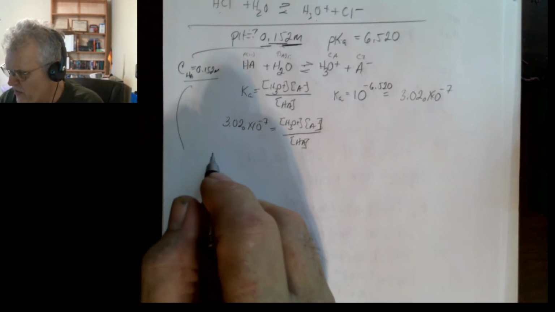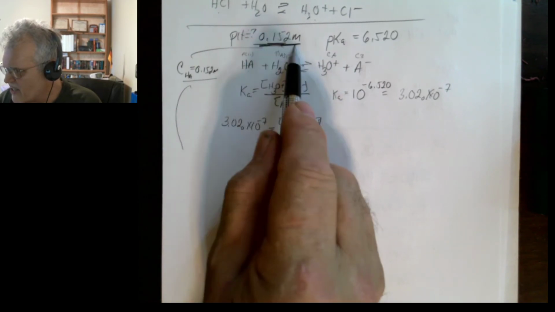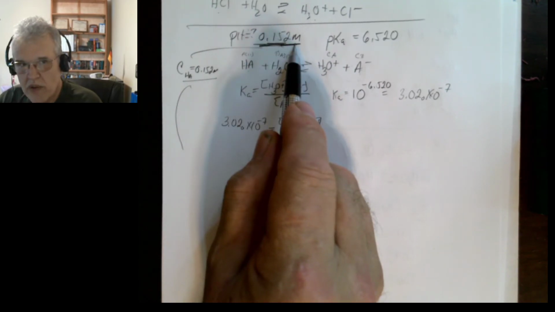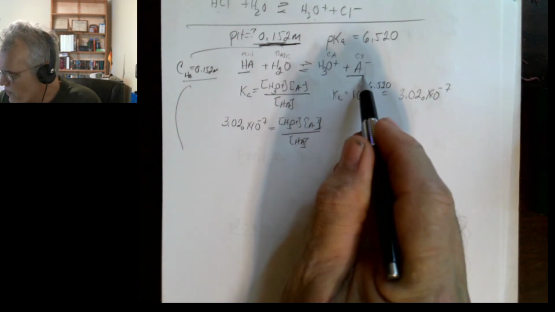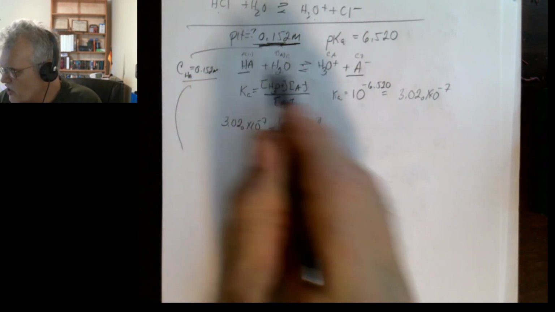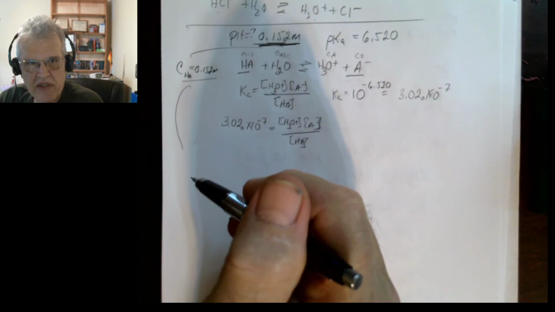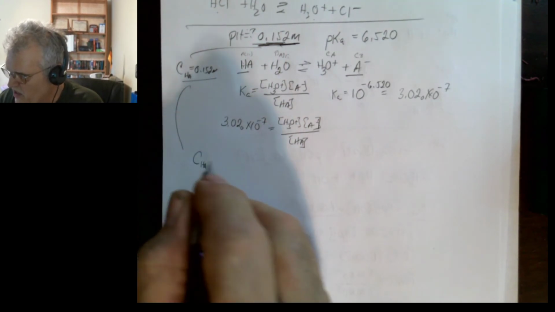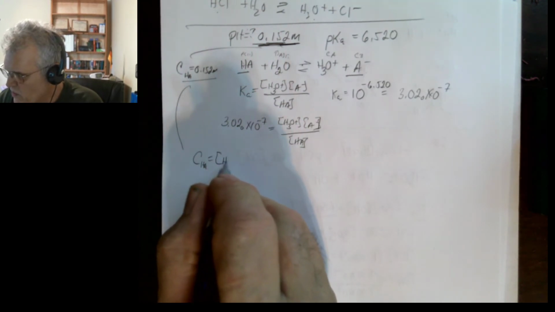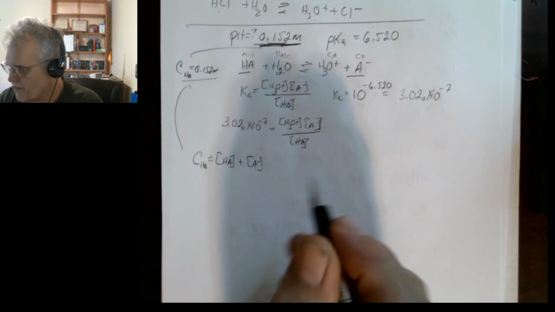So Lavoisier's conservation of matter says that if I have a molarity of my acid of 0.152 molar, and it can take either this form or that form, the sum of these two forms must equal the molarity of the acid that I put in solution. Therefore, Lavoisier's conservation generically is CHA must equal HA plus A minus.